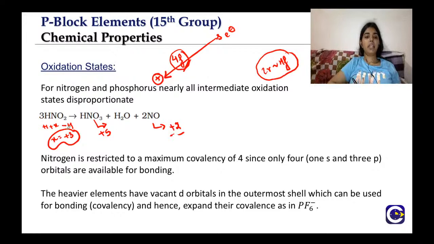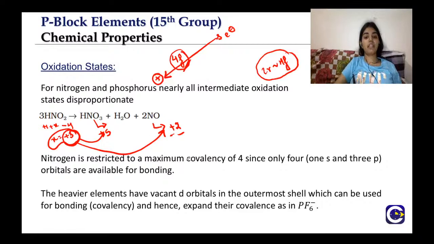So, the intermediate, that is the +3 state, is disproportionating. That means it is being oxidized and it is being reduced also. This type of reaction is known as a disproportionation reaction, where a single species is being oxidized and reduced simultaneously. So here if you see, +3 to +5, nitrogen is getting oxidized, +3 to +2, it is getting reduced. So it is a disproportionation reaction.